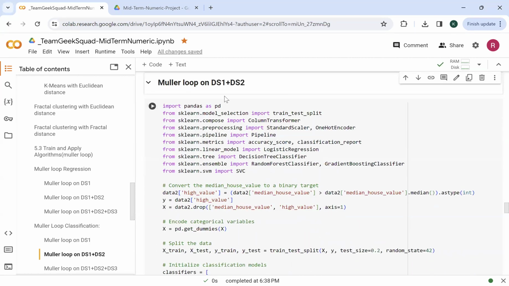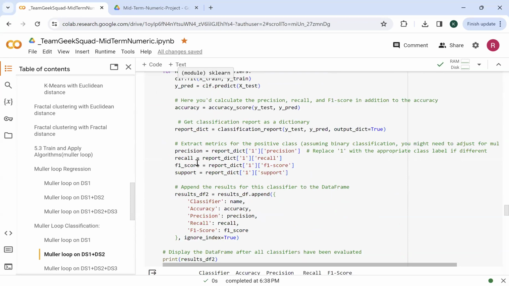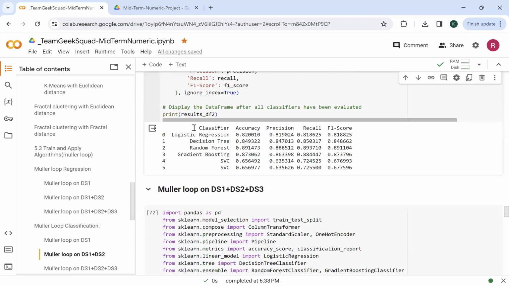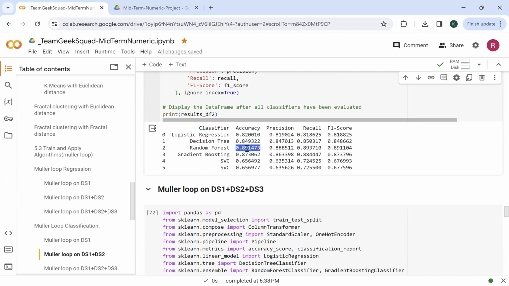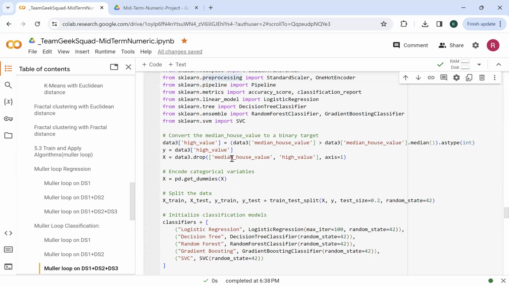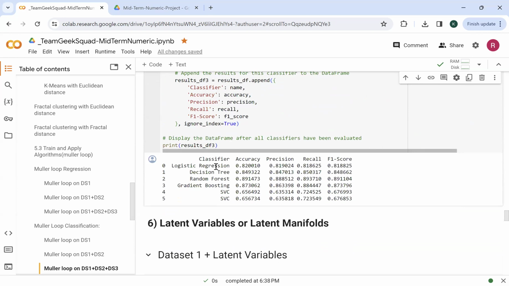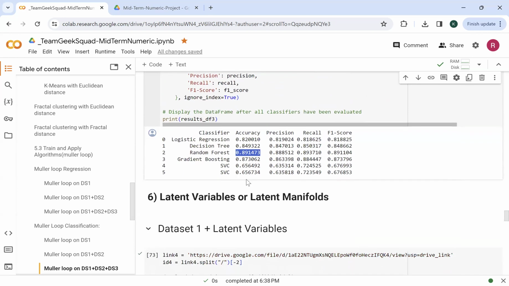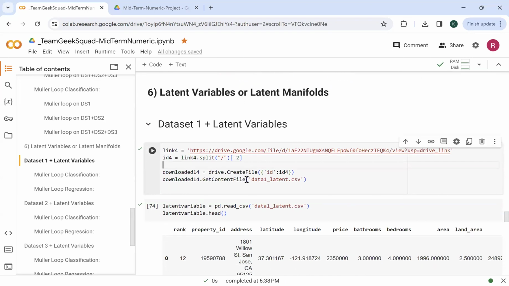Coming to the Muller loop on datasets 1 and 2, the amalgamated one, we have printed all those metrics here, and this also indicates that random forest is giving better accuracy and performance. Let's take a look at datasets 1, 2, 3, the amalgamated one. And the same here, we got the greatest accuracy for random forest. Now we have taken the latent variables.